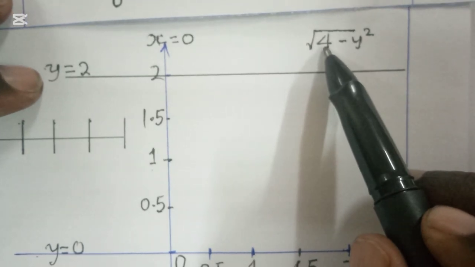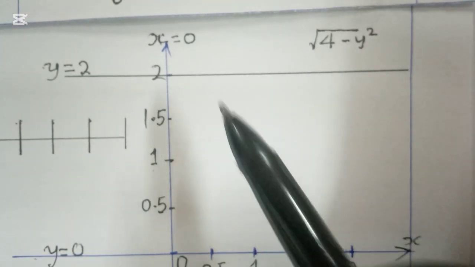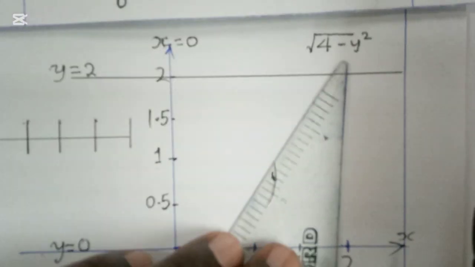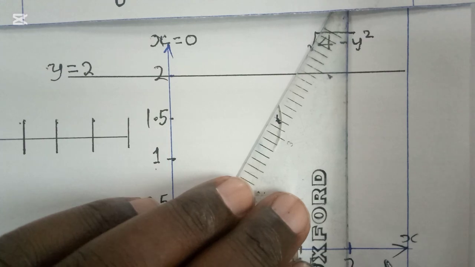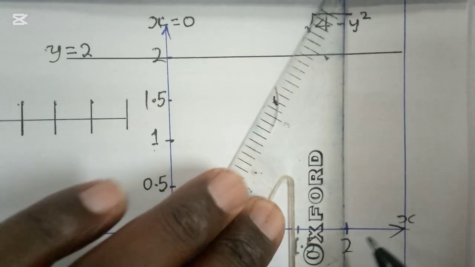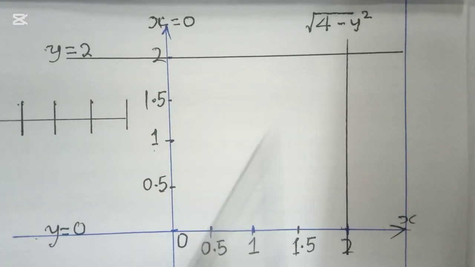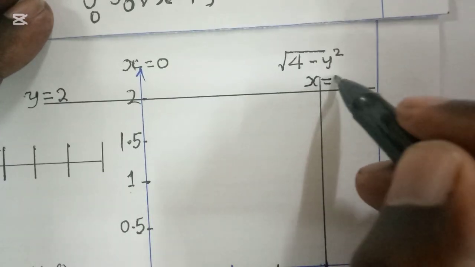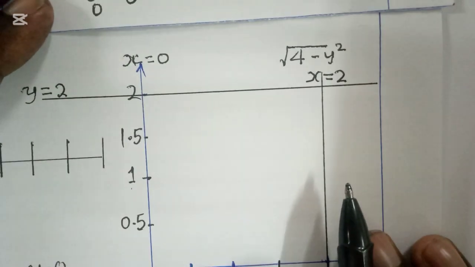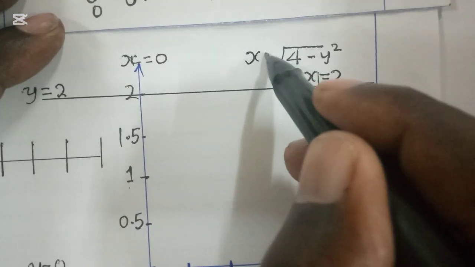The square root of 4 minus 0 is the square root of 4, which is 2. So our upper limit is at x equals 2, and we call this line x equals 2.